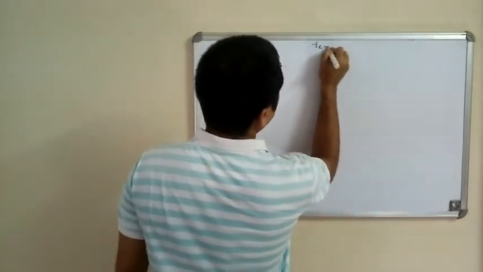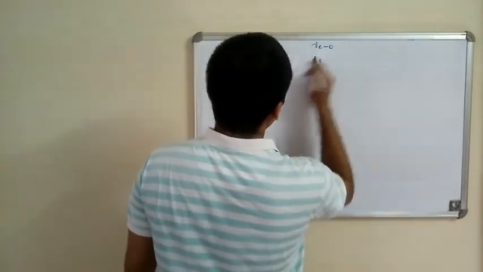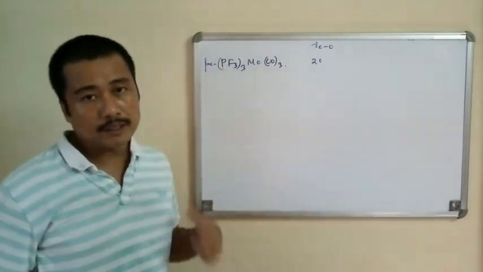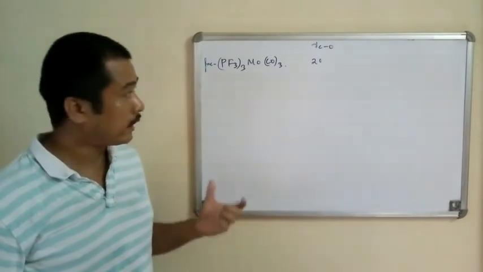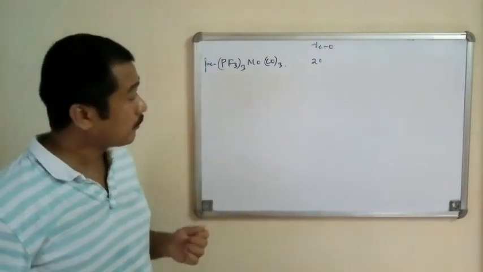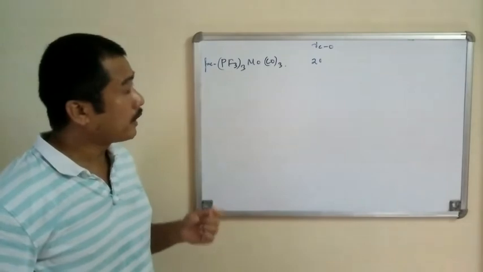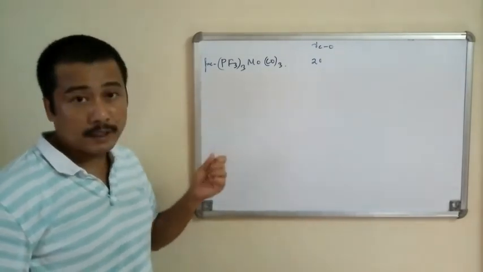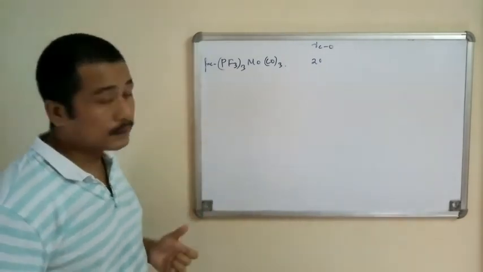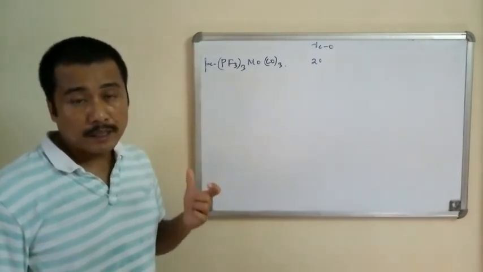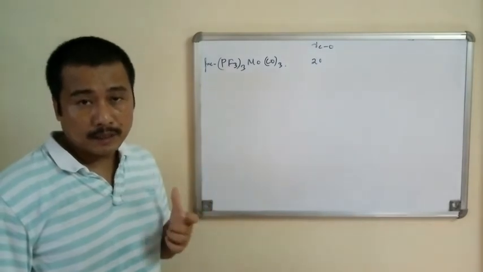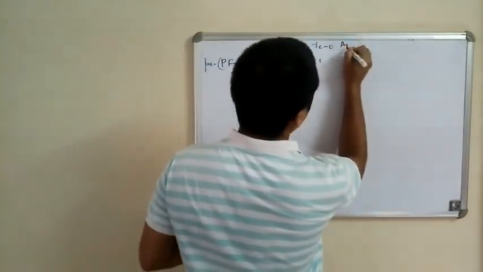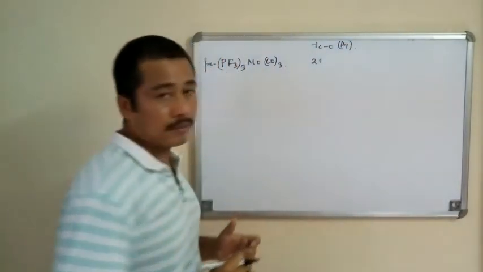If we have the facial isomer, A1 as well as E vibrational modes are going to be IR active, and we can compare both to compare the pi acceptor ability of the ligands, but here we'll only look at the A1 vibrational modes.